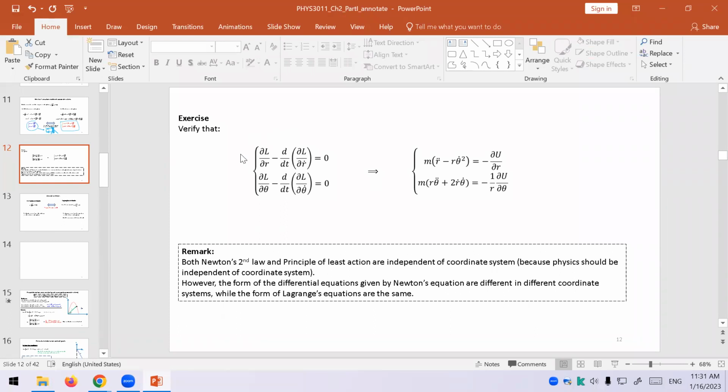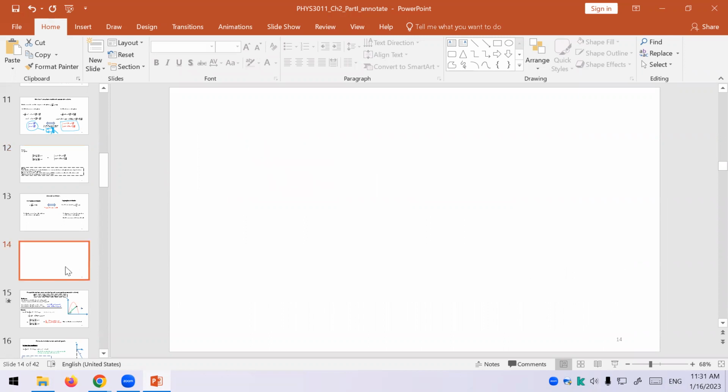Before we move on, last time I introduced this polar coordinate system, and we need to describe the motion of particles in it. I told you that sometimes it would be more convenient to do that.